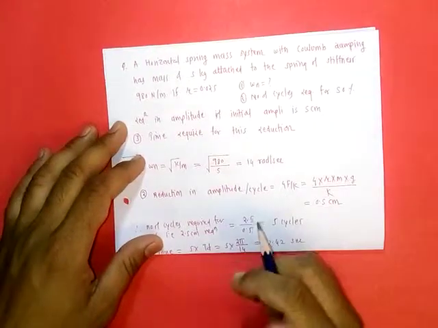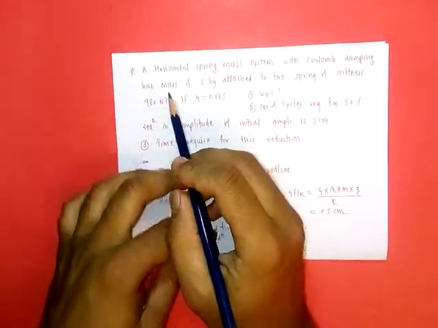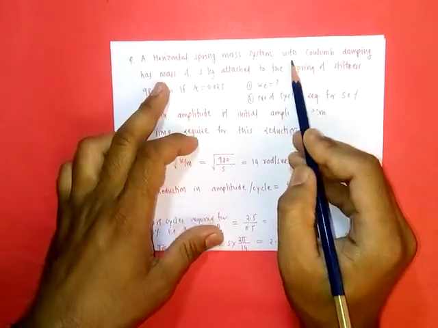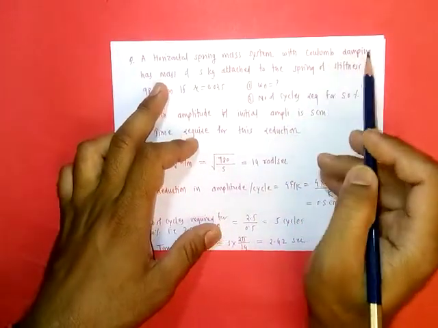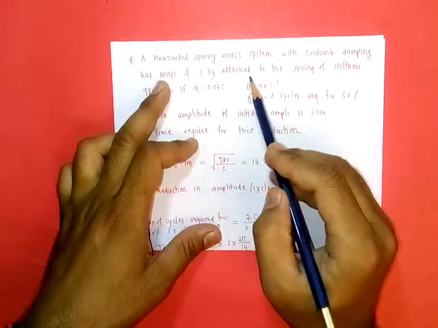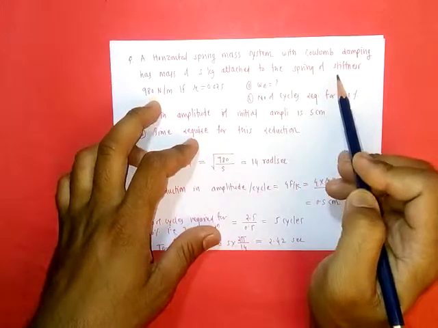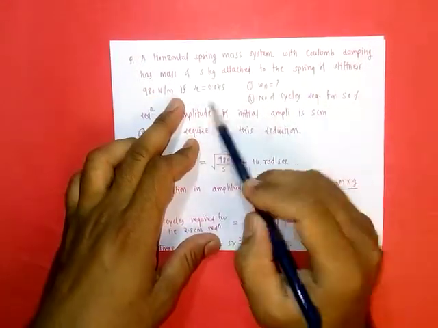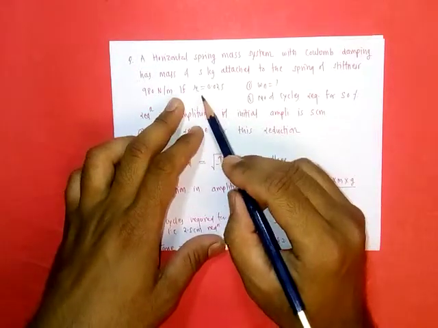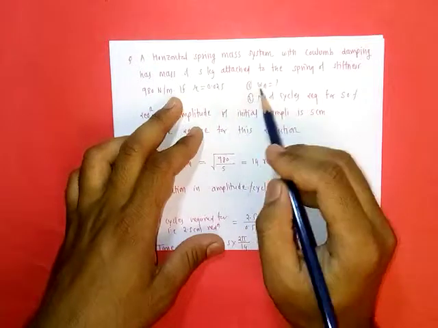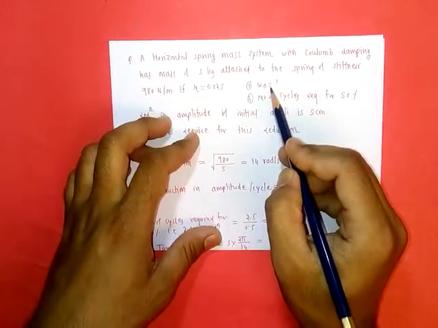Consider the problem statement: a horizontal spring mass system with Coulomb damping has a mass of 5 kg attached to a spring of stiffness 980 Newton per meter. If mu is equal to 0.025, find out the natural frequency.